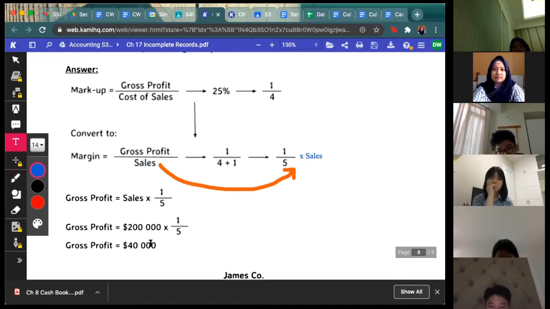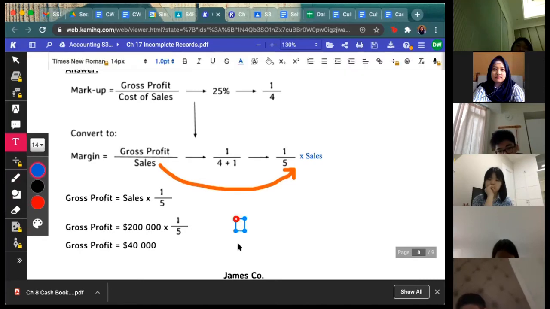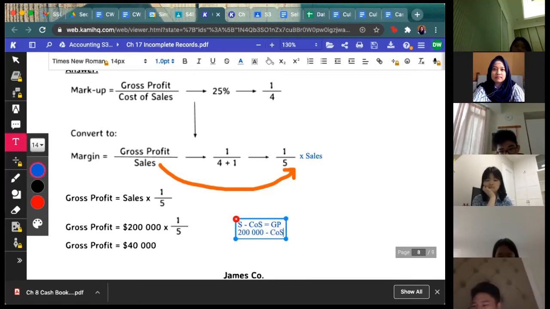Once you have gross profit of 40,000 and sales of 200,000, we can calculate cost of sales. Remember, sales minus cost of sales equals GP. Pay attention, this is a little bit harder. So 200,000 minus COS, which we don't know and want to find, equals gross profit of 40,000.